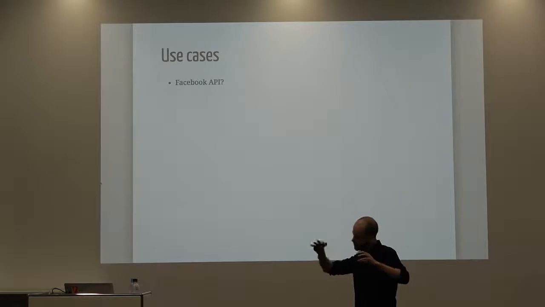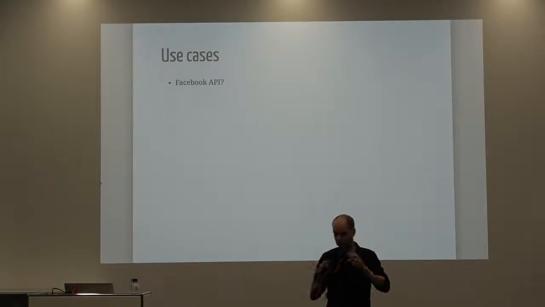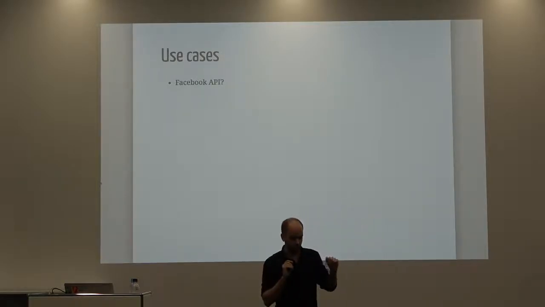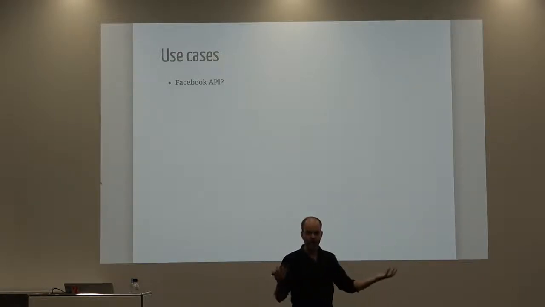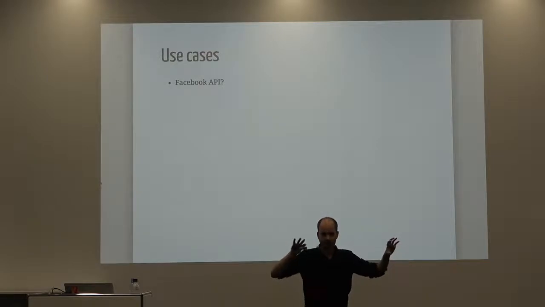And from the other side, Facebook is developing the backend independently of all the third-party clients that consume the API. So by nature, you have a decoupled situation. And that's why you need a schema.